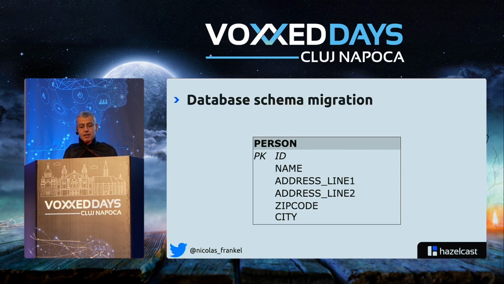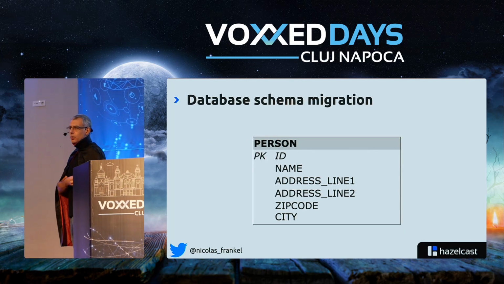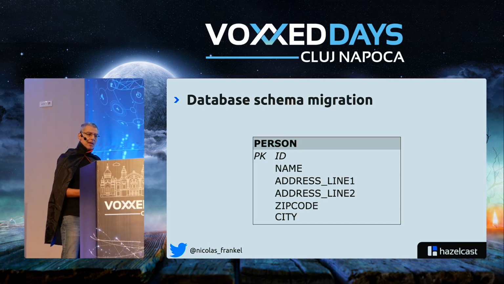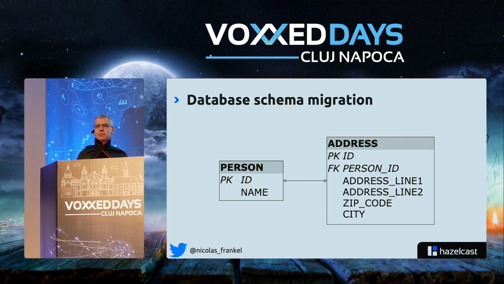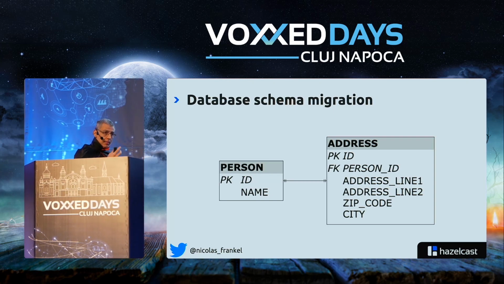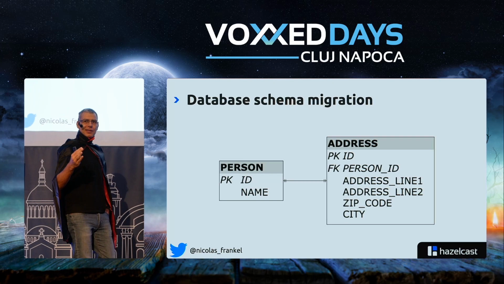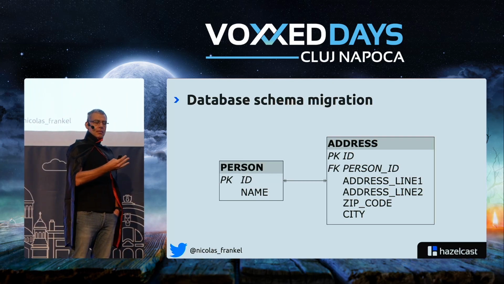So that was my initial schema. I skipped the database design course when I was in university. I put everything into the same table, and now I want to migrate to something like that. Make sense? And basically, it's not backward and forward compatible. But I still need to do it.